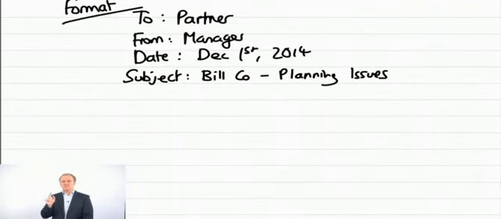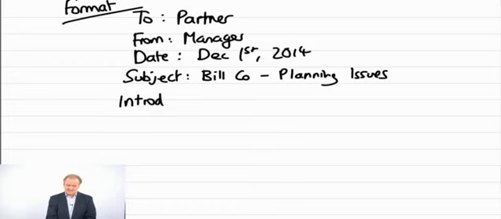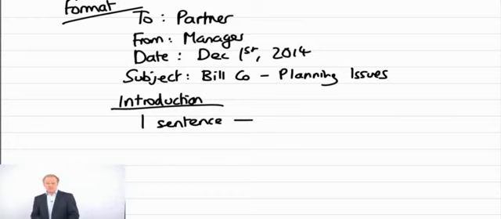Because these are notes for use by someone, they need a bit of format, which means an introduction. One sentence will be enough, and simply say what you're going to do.